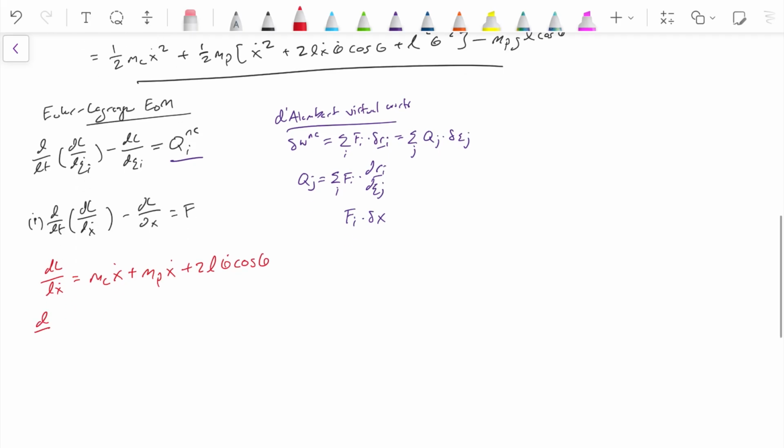When we do d/dt of the above, we will have m_C x double dot plus m_P x double dot plus 2L. Now we're going to have a product rule here.